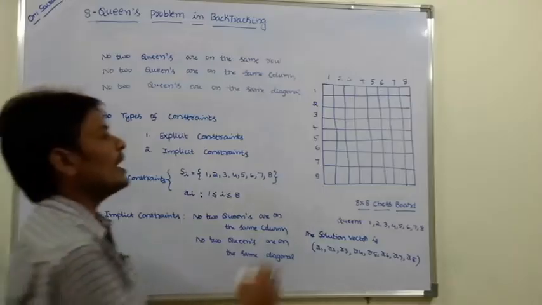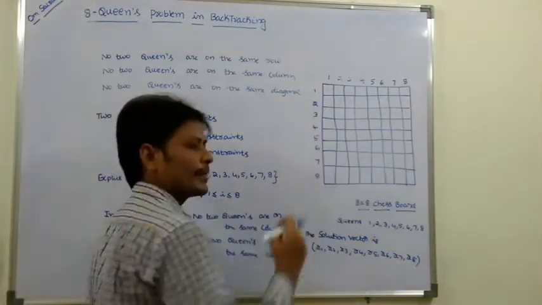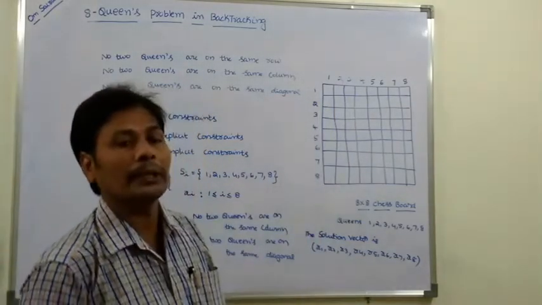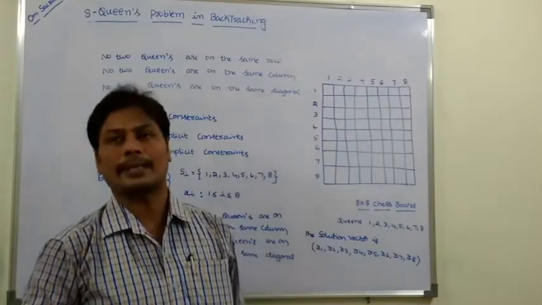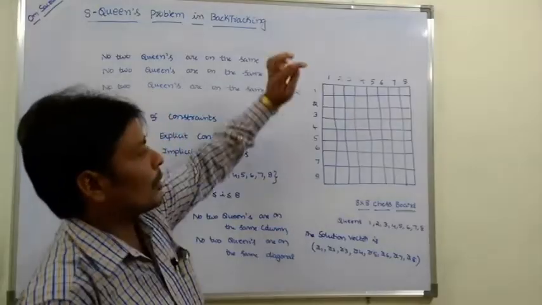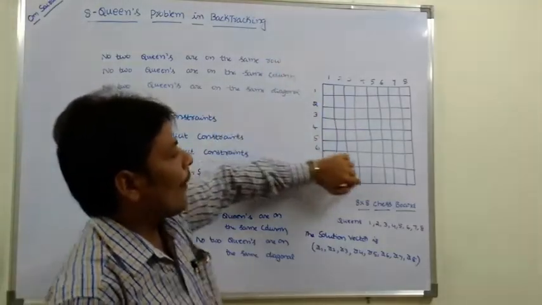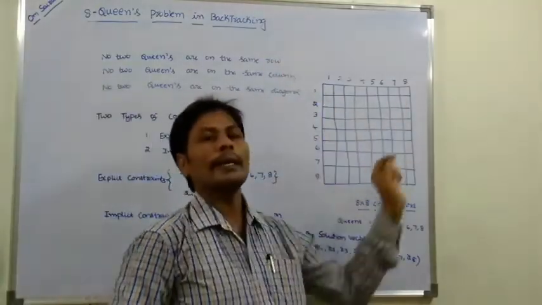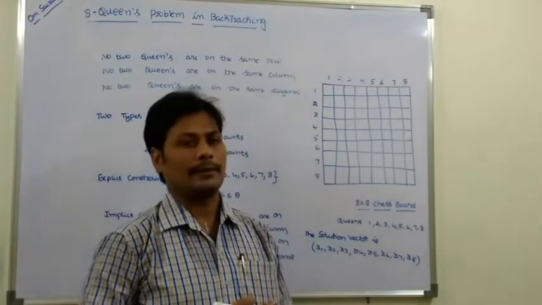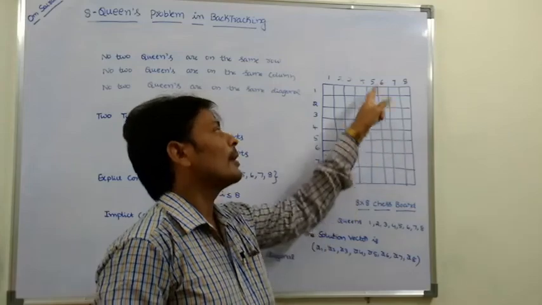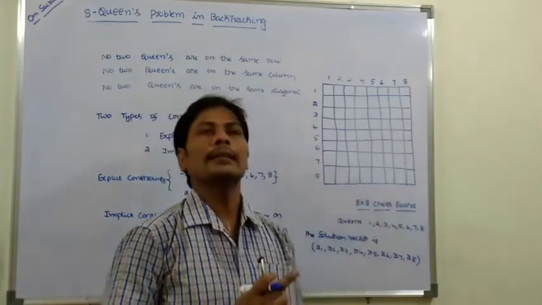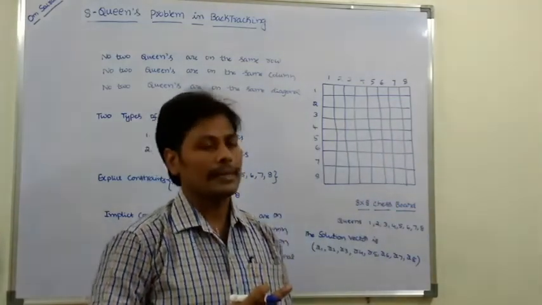Next, how many possible ways are there to place 8 queens on 64 cells, that is, an 8 by 8 chessboard? Suppose any queen can be placed on any cell among the 64 cells.